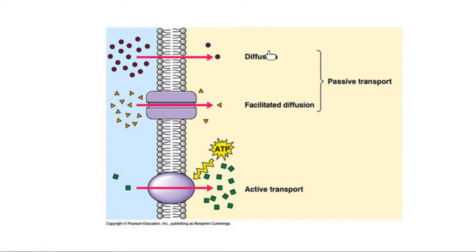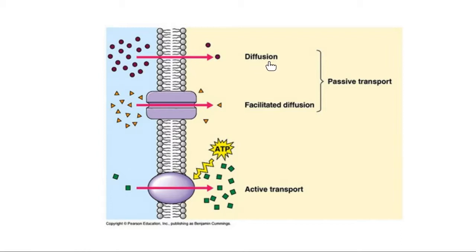My picture here shows us the process of diffusion, facilitated diffusion, and active transport. When we talk about the process of diffusion, diffusion is when things go straight through the membrane of the cell.